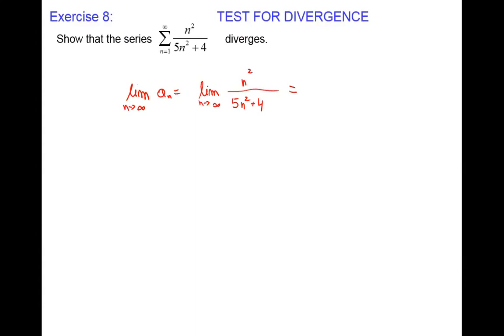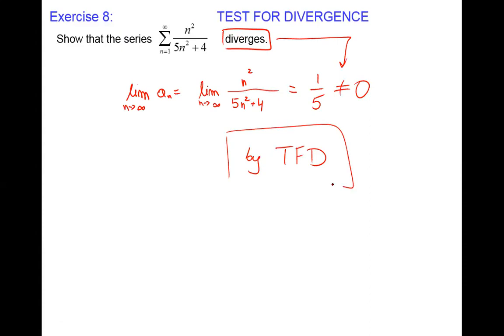It's just the ratio of the same degree functions, n squared and 5n squared. Yes, thank you, Robert, 1/5. It's different than 0. What this means is that at some point at infinity, I will keep adding 1/5 plus 1/5 plus 1/5. Of course, divergent. No chance for convergence. That means this series is definitely divergent, and we can say by the test for divergence, because we have to state the tests.